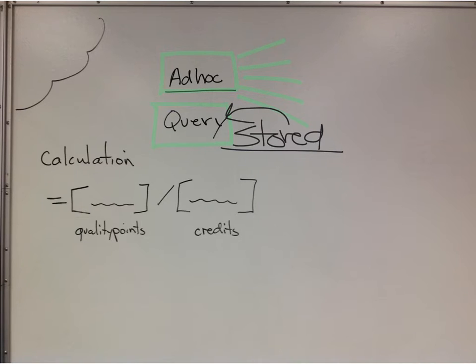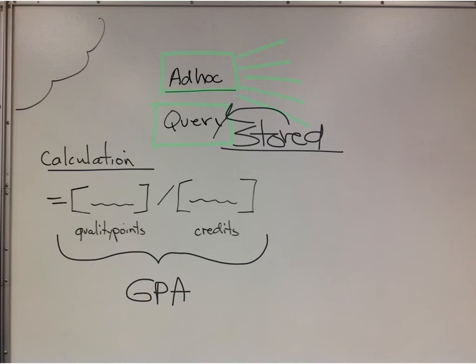Ad hocs, you don't do that. We did a problem in which we did a calculation. We found GPA, by taking the quality points divided by the credits, and we did that together. You calculate the GPA.